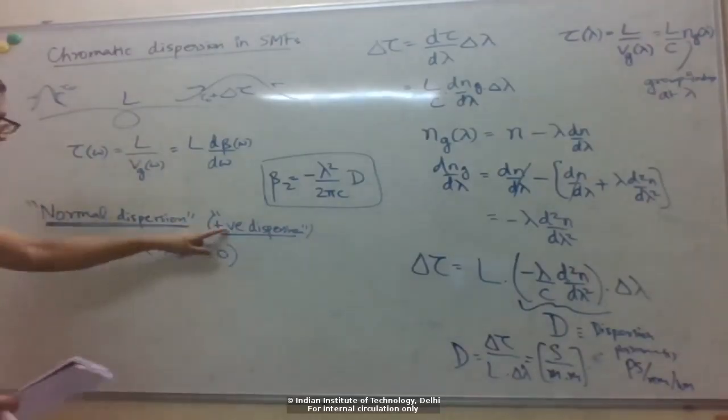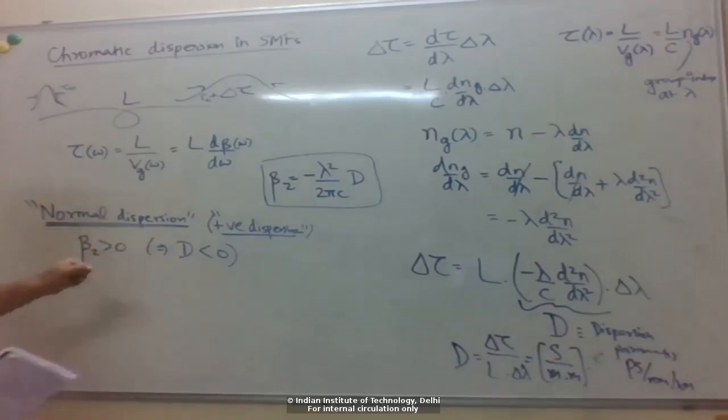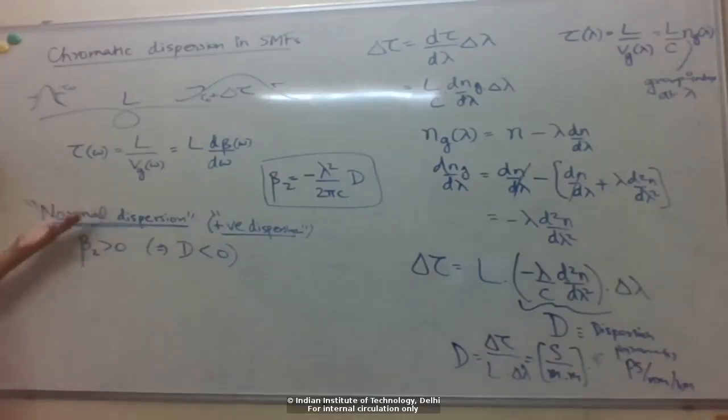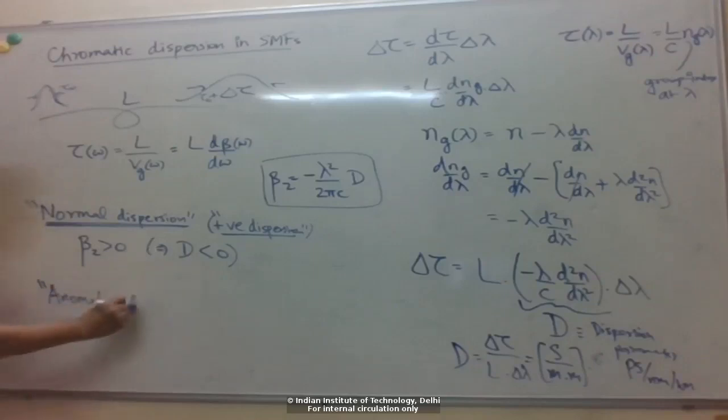This positive refers to beta 2 being positive. So normal dispersion we'll just refer to as normal, and the other one is known as anomalous, instead of positive and negative, because this way you avoid any confusion. This is the opposite case.